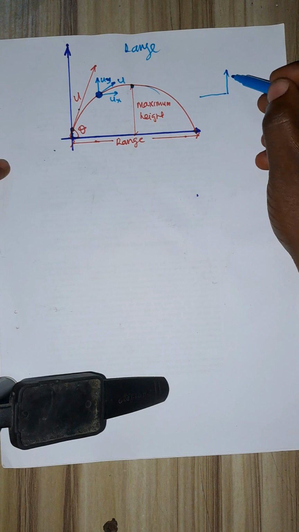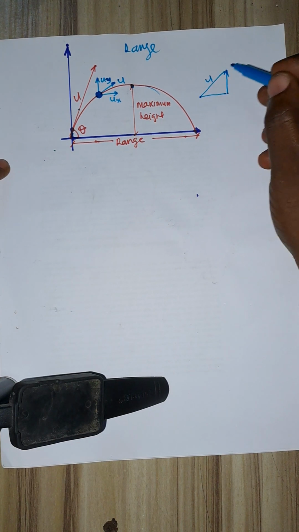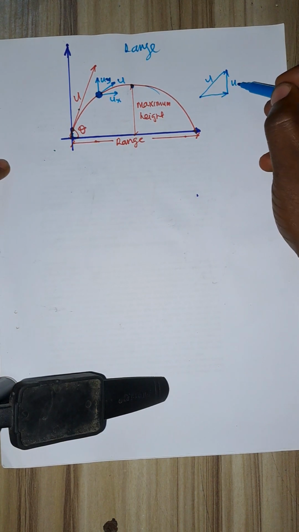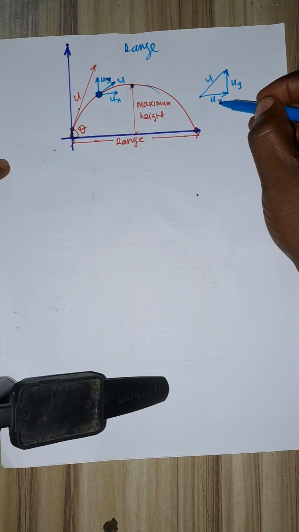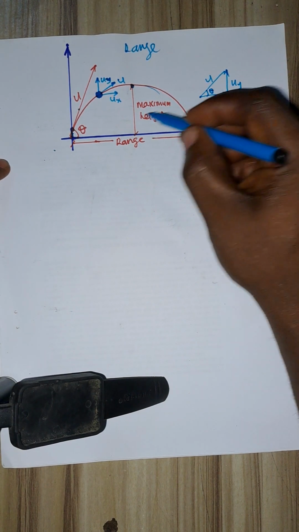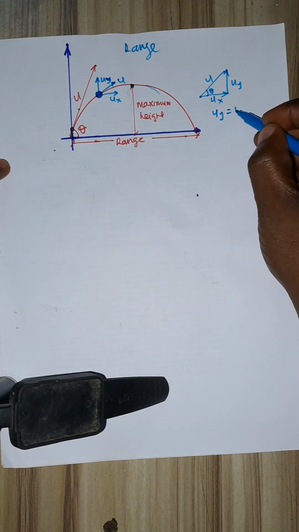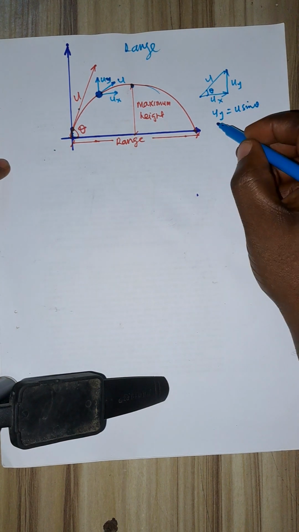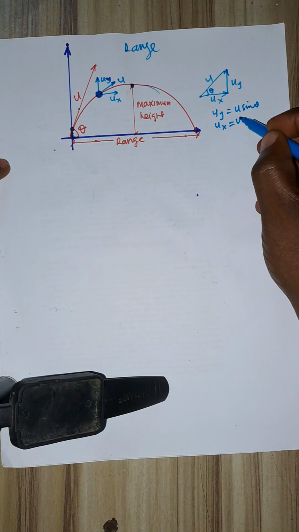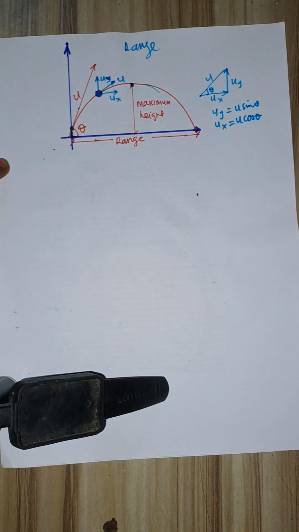This is the vertical component uy, and this is the horizontal component ux. This is the angle of projection. Now uy is u sine theta, and ux is u cosine theta.